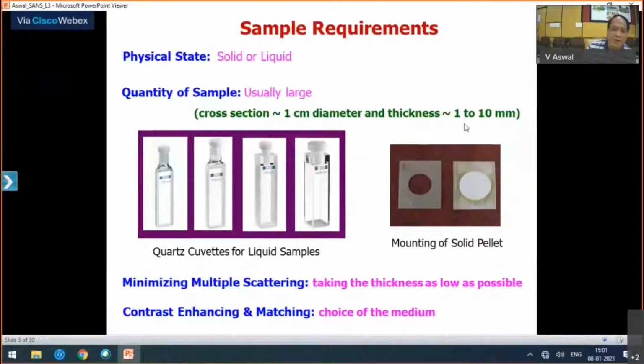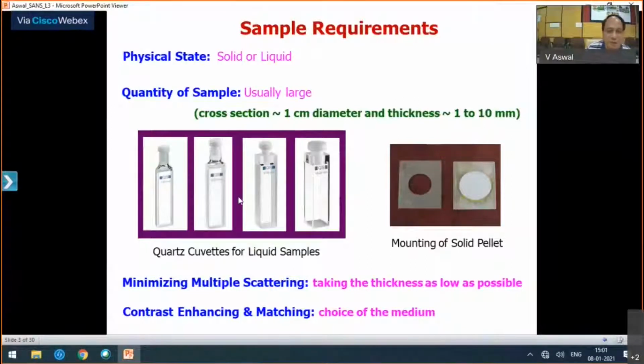If you have liquid samples, you can fill them in quartz cuvettes, for which your neutron transmission is very good. If you have weak scattering samples, you would prefer to take thicker samples. You can go up to 10 millimeter, and the lowest you use is around 1 millimeter. You can go to lower sizes, but what happens? These quartz cells are quite expensive.